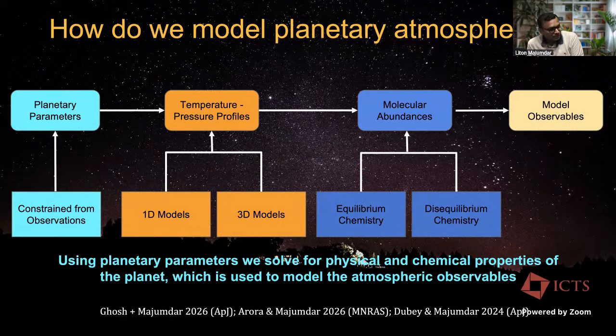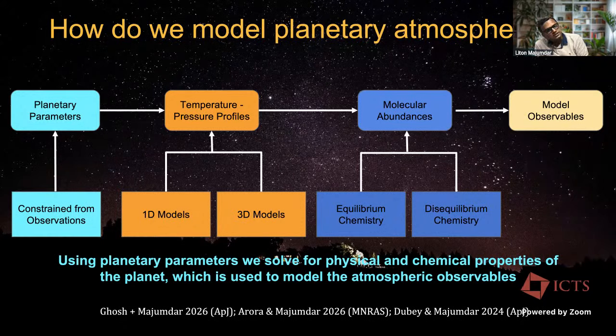You can also think about doing full radiative convective equilibrium models, where your radiation process is balanced by your convection, and you get your radiative convective equilibrium pressure temperature profile that can be used in your models to understand the chemistry.